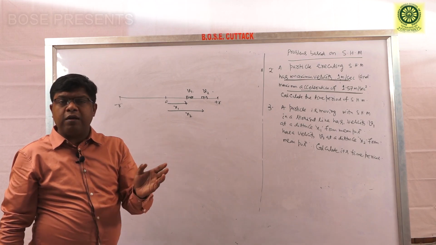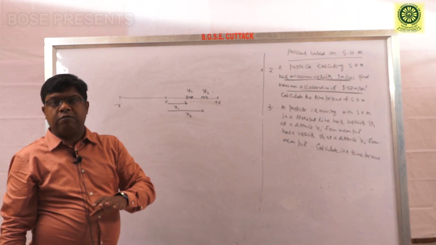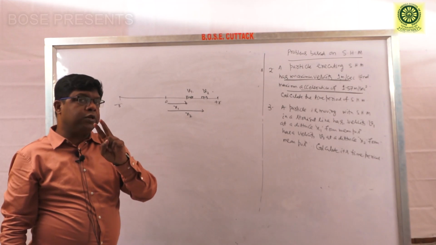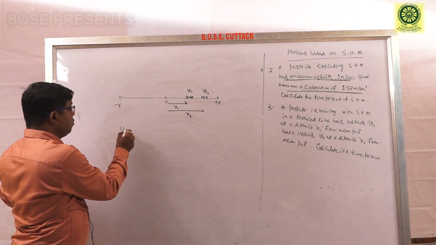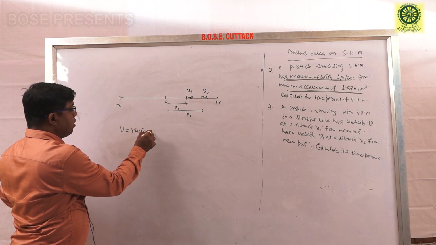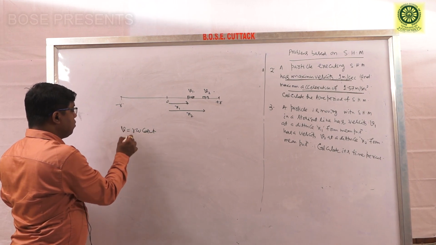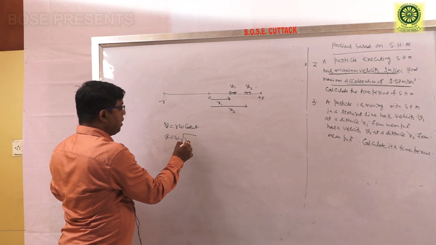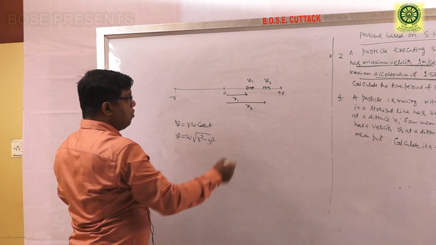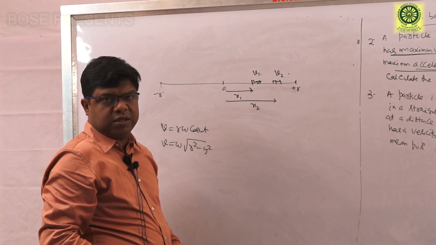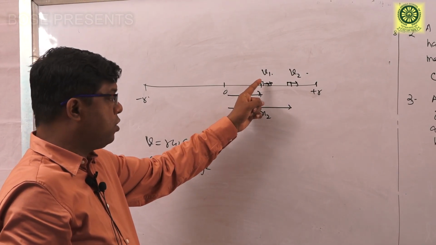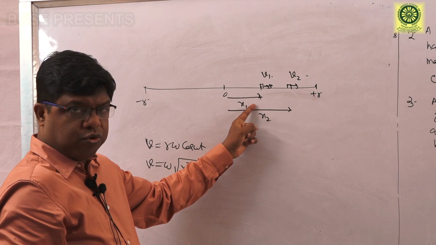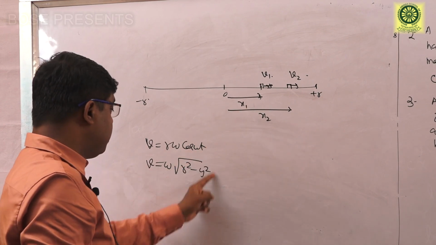Since v1, x1 are given, there are two formulas for the velocity: v is equal to r omega cos omega t, and another formula, velocity is equal to omega into square root of r square minus y square. In this, instead of y, we can write x. Since the velocity is v1 at a distance x1 from the mean position, we apply this formula.